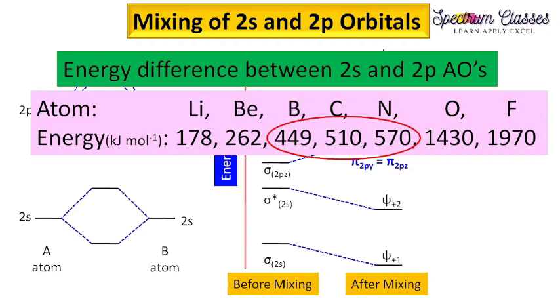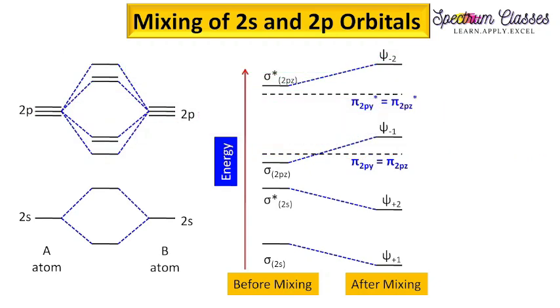For oxygen and fluorine, we have a very high energy difference between the 2s and 2p atomic orbitals, so for oxygen and fluorine the mixing of orbitals doesn't take place. However, in case of boron, carbon and nitrogen, this mixing of 2s and 2p atomic orbitals takes place. So what is that and how does it occur? That I am going to explain here.